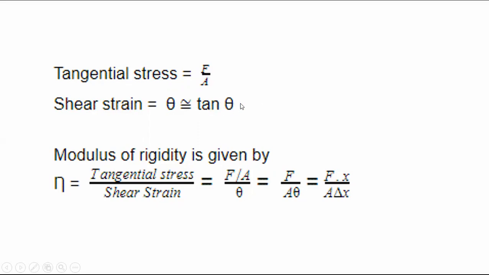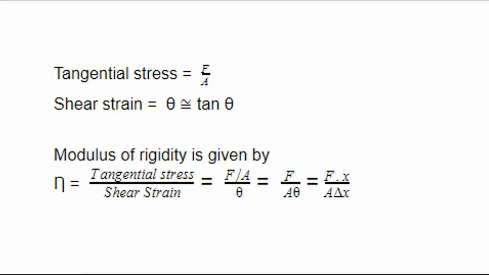As theta is very small, we can write it approximately equal to theta only. Tan theta equals theta in case of a very small angle, because whatever the deformation will be, it will be very minute.